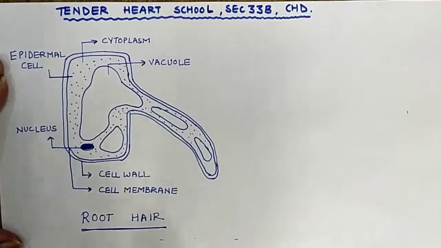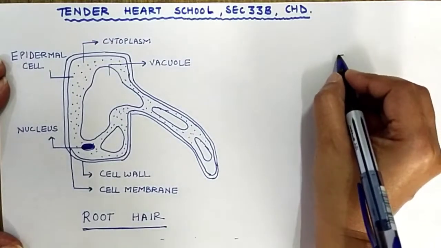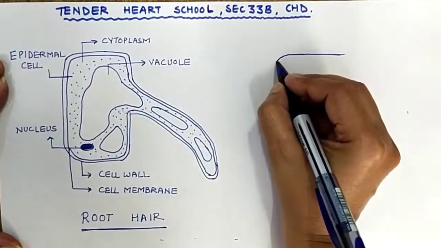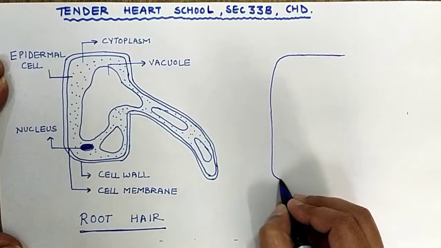Now, sometimes fertilizer is added to the soil, and if there is excess of fertilizer, then the root hair gets shrunk. So let us draw the diagram of root hair when it is shrunk. So this diagram I am making is of the root hair in presence of excess of fertilizer, right?